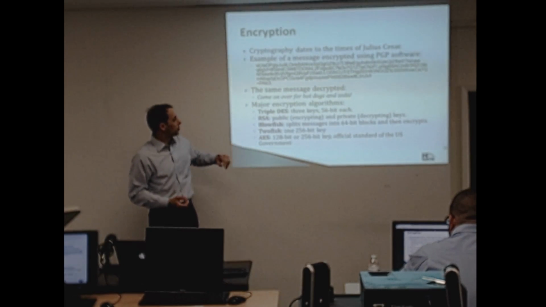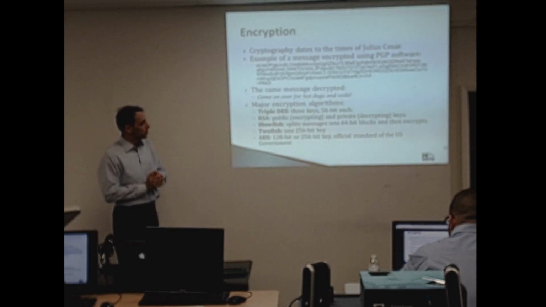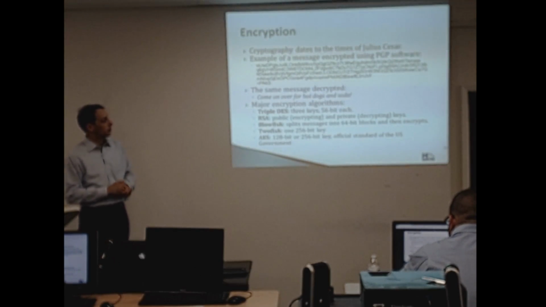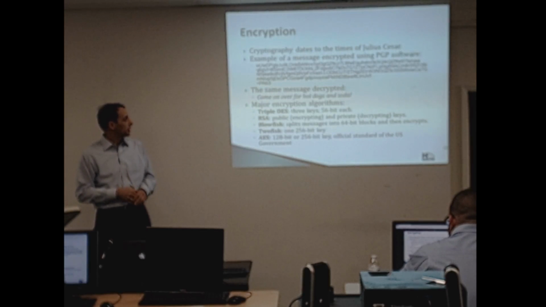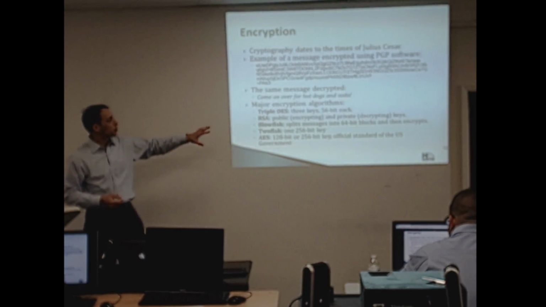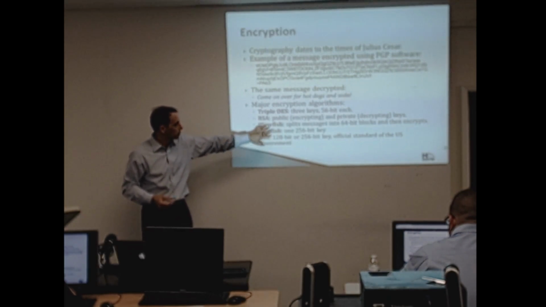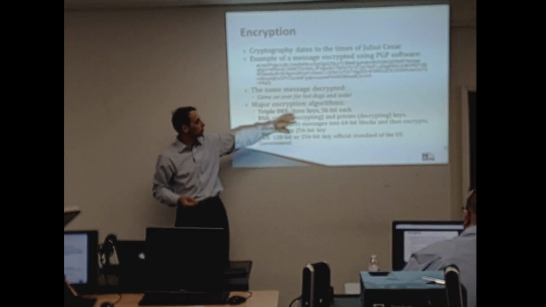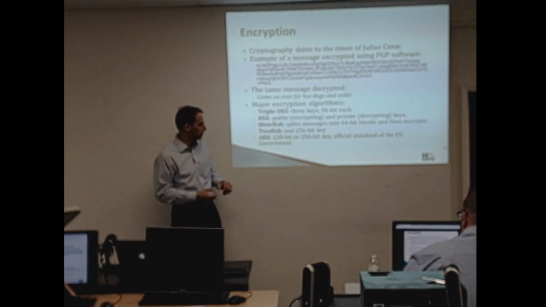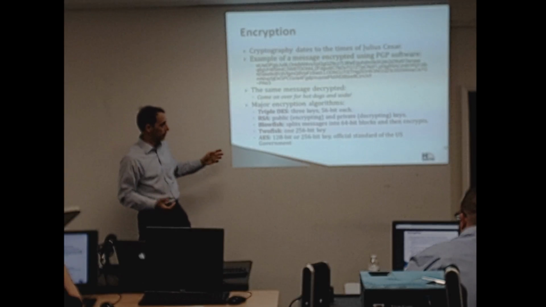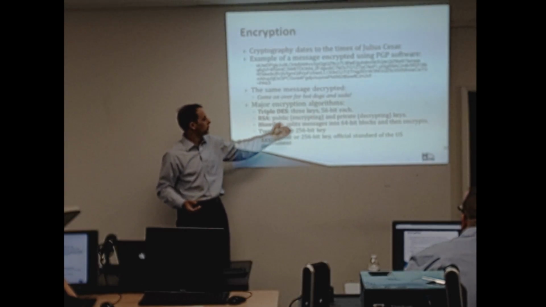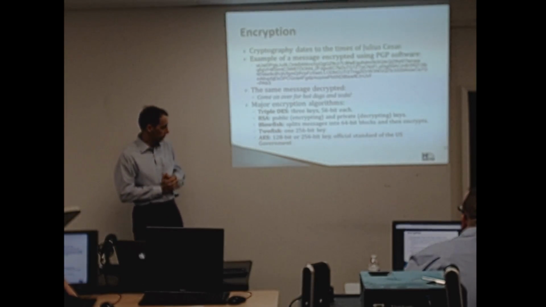There are several encryption algorithms. We will not go into details of them, but I just wanted you to be familiar with the names. They usually use keys, right? One common thing you will see between these names is that they usually use some types of keys. And the keys can be different in length, so a 56-bit key to a 256-bit key, and so forth.